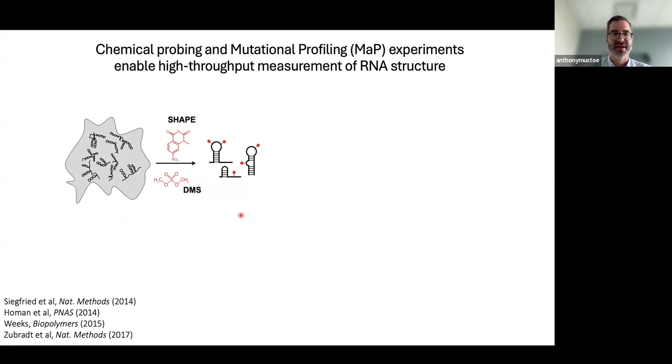information. And I think many of you are familiar with these experiments. These use SHAPE reagents or DMS, the two most commonly used chemical probes, and we can add these reagents to cells or RNAs in test tubes, and they will react selectively with usually single-stranded nucleotides, leaving behind these chemical adducts.